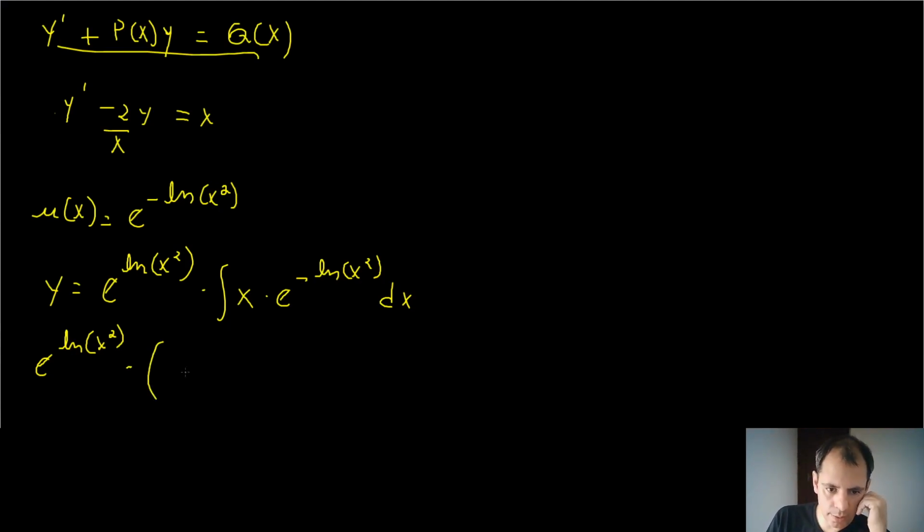I'm going to open parentheses, so it's going to be e to the minus ln of x squared, divided by the derivative of this thing, right? And this stuff is going to be times 1 minus 1 divided by x squared, okay?